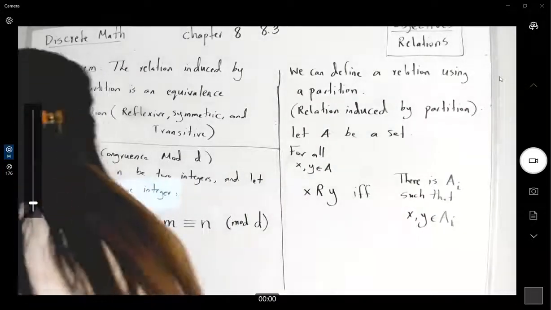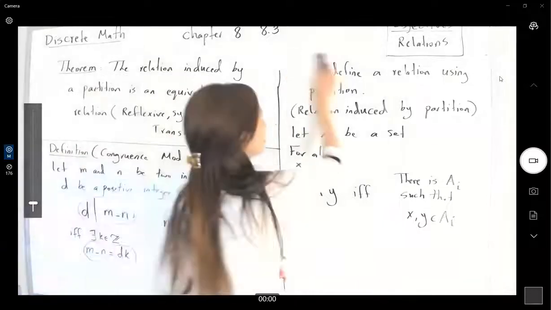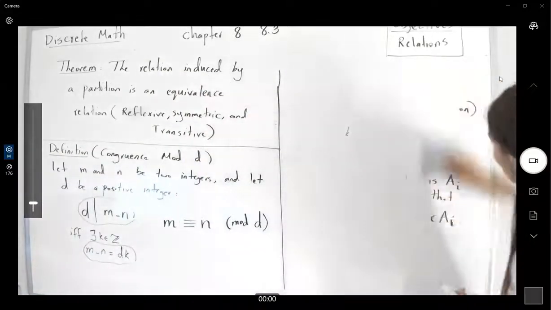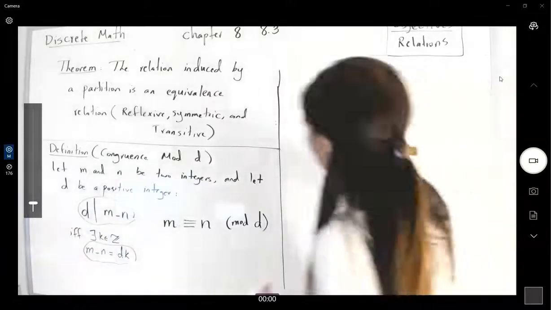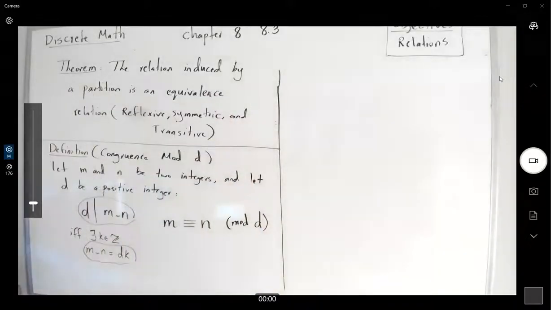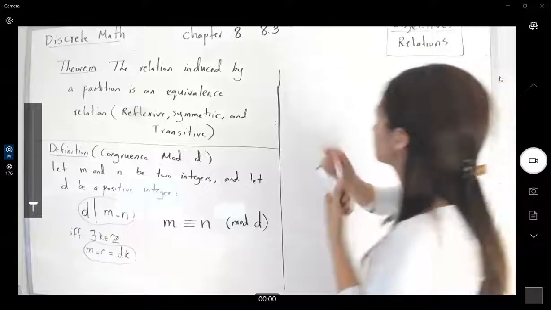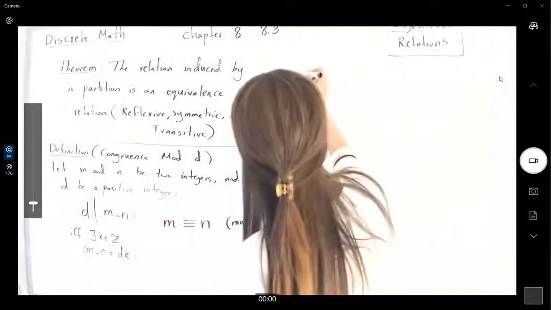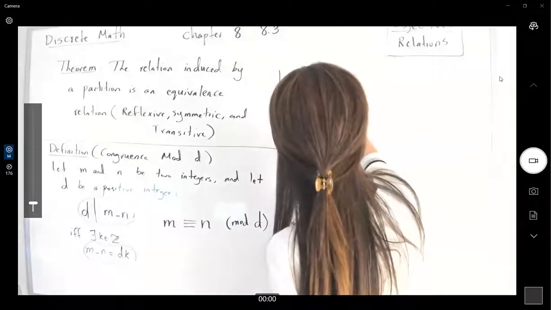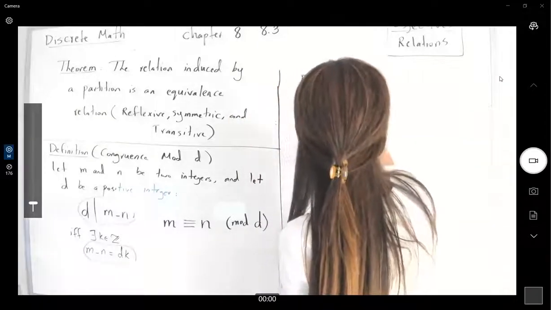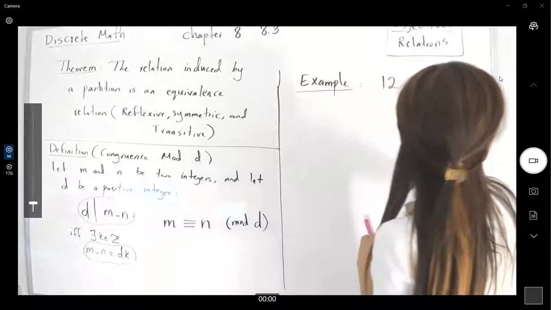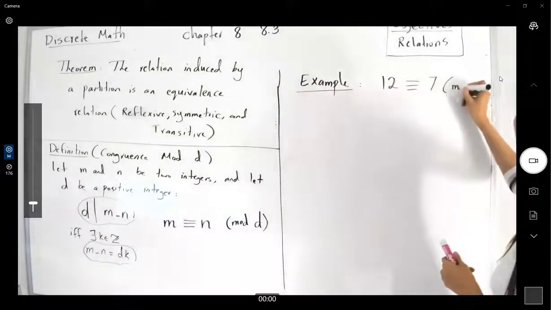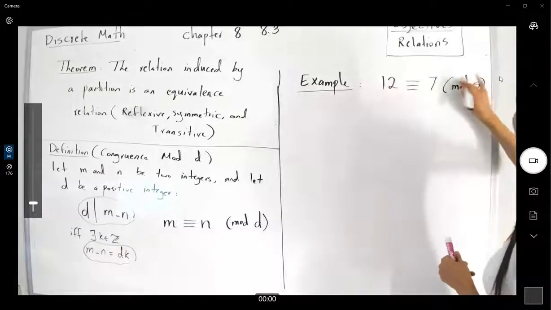For example, we're saying that 12 is congruent with 7 mod 5.